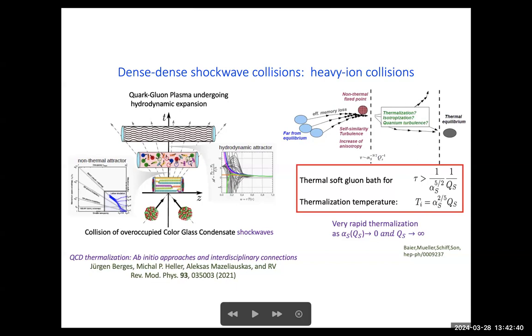But the way to think about this properly is that alpha is a log in QS. So you have logs in the numerator to some power, and the logs will never beat the power in the denominator. So when you take QS to infinity, you get very rapid thermalization. So you have really the striking process of how thermalization occurs in such a many-body system.